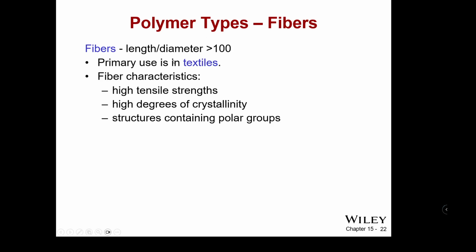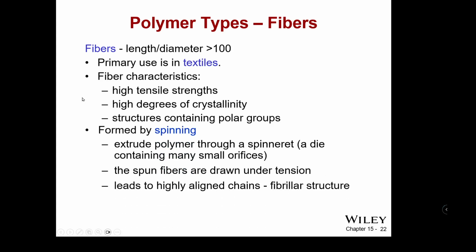The fibers are categorized with a length to diameter ratio well above 100. So typically that's used in textiles, so high strength textiles, high tensile strength, high degree of crystallinity, and polar groups in the structure.